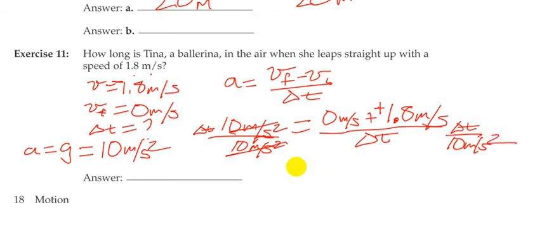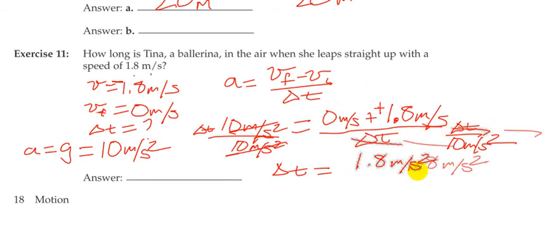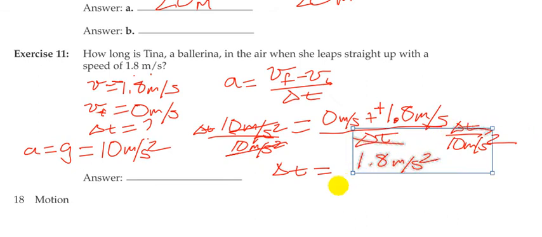What we're left with is delta t equals 0 plus 1.8, which is 1.8 meters per second, divided by 10 meters per second squared.